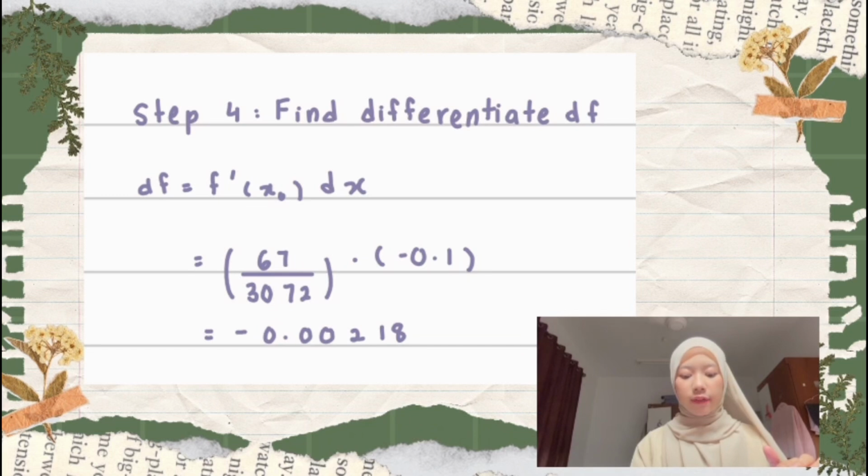Step 4. Find the differential df. So, df equals f prime of x naught times dx. So, 67 over 3072 times negative 0.1, and we will get negative 0.00218.